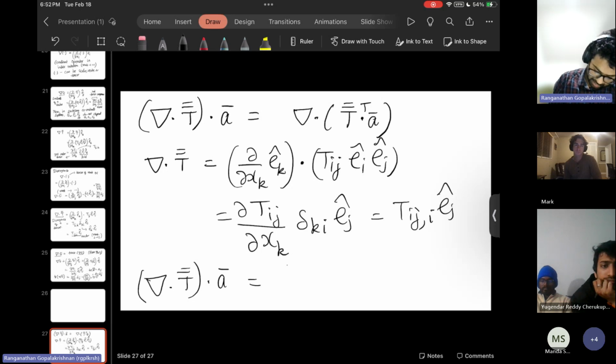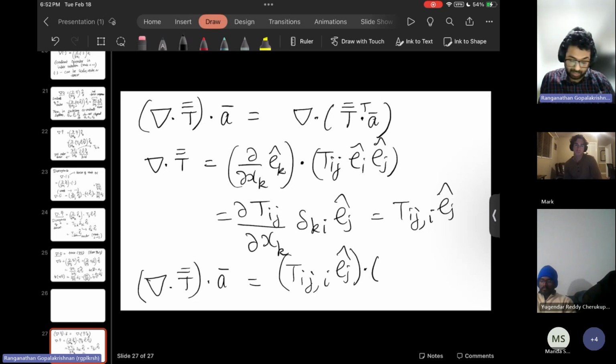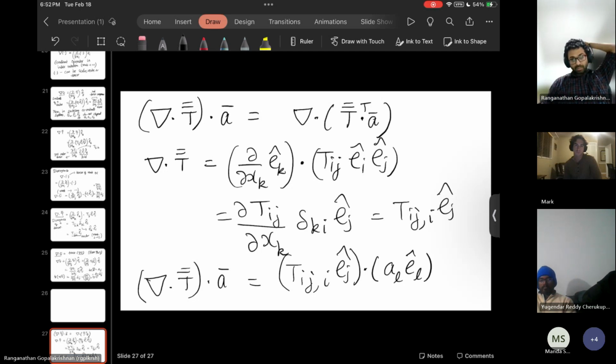So we'll write this as T_ij comma i e_j dot. We can use any dummy index we want. We can use K or L because I have not used L so far. I'll write this as A_l e_l. So I have to do e_j dot e_l.